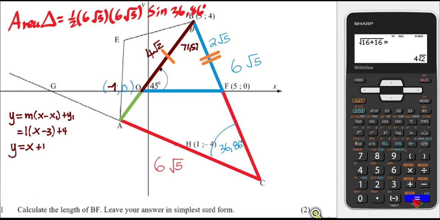So then I'll say area, I'll just draw the triangle as brown, equals to half the two sides I'm using, 4 root of 2 times 2 root of 5, and then sine of 71.57. So we said we are taking the whole big shape minus the blue one will give us that remaining one. That's one way. Yeah.